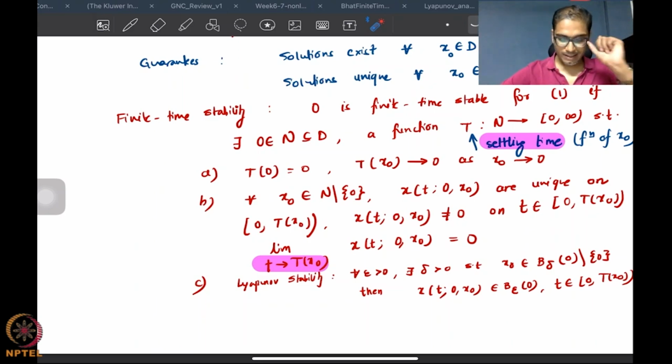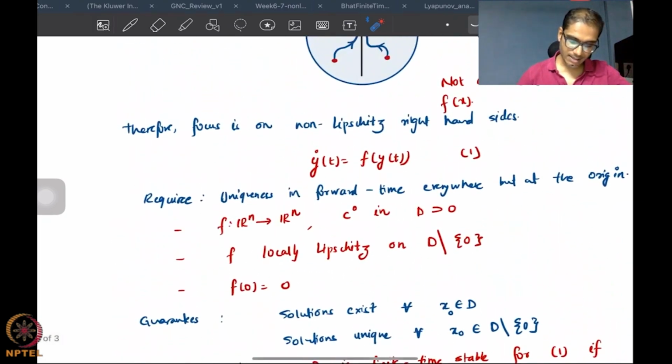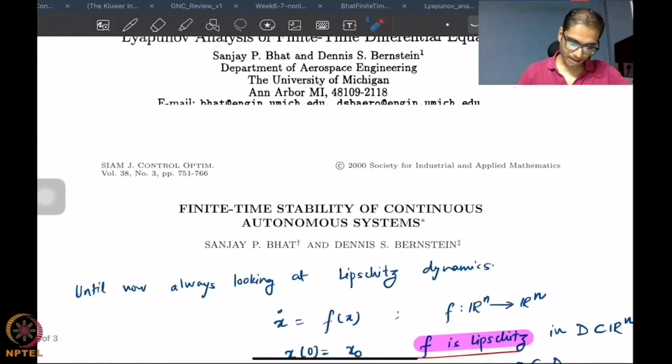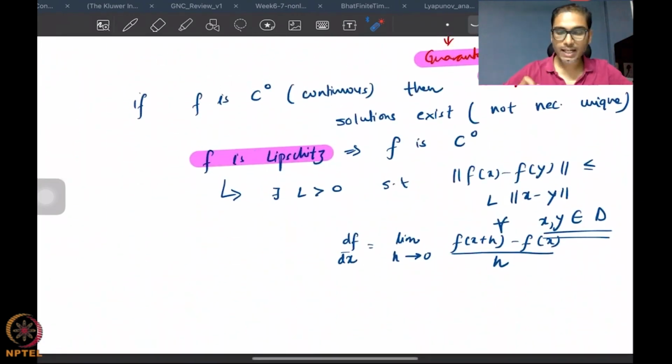In the previous bit, what we've seen is the need for looking at non-Lipschitz systems or systems which have non-unique solutions at the origin. So that's what we formalized, that the Lipschitz property essentially means that solutions exist and are unique.